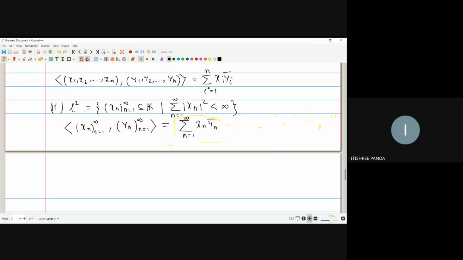x(n+1) into y(n+1) conjugate by xn into yn conjugate, both individually less than 1. Why will it be individually less than 1?